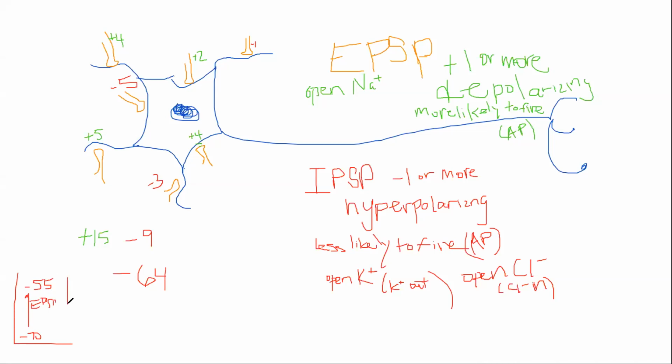But then I took it back down to -64 with my IPSPs. So that's how both of the graded potentials work.